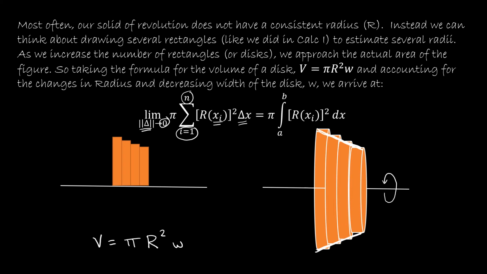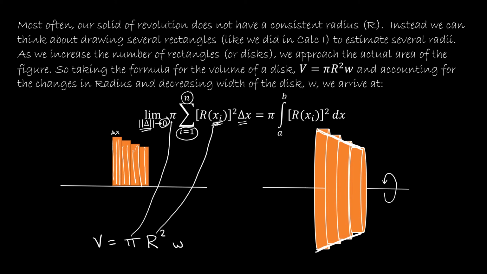If I have more and more radii, then delta x is that change in x, the width of the figure. That's all I'm doing. I still have pi, I still have r squared, but for each x value, the radius at each x value, and then delta x would be the width.